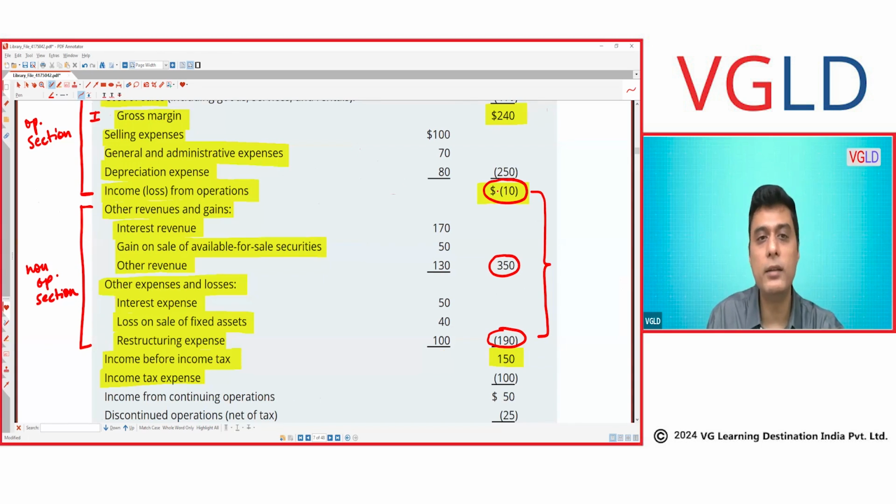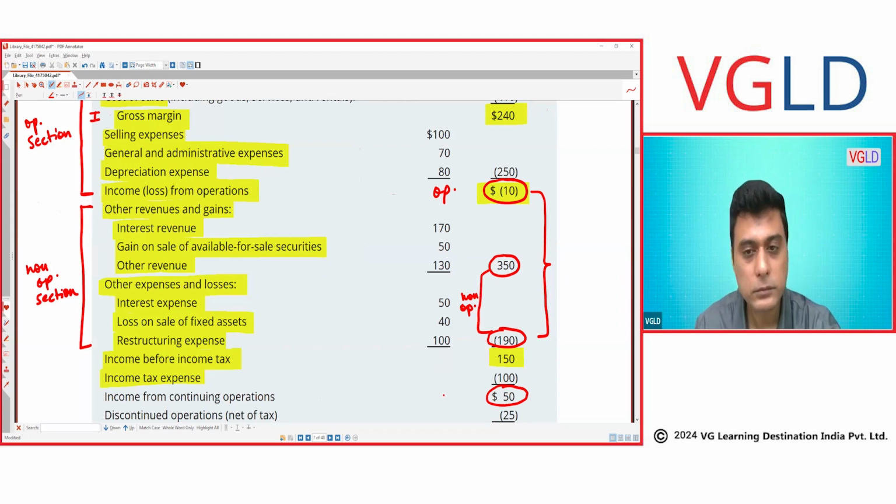This is your operating part. These two, 350 and the 190, are your non-operating. Operating and non-operating is your income from continuing operations. But yes, of course, you will break it here once, show income before income tax, show the income tax expense, and then your income from continuing operations will come. Clear?